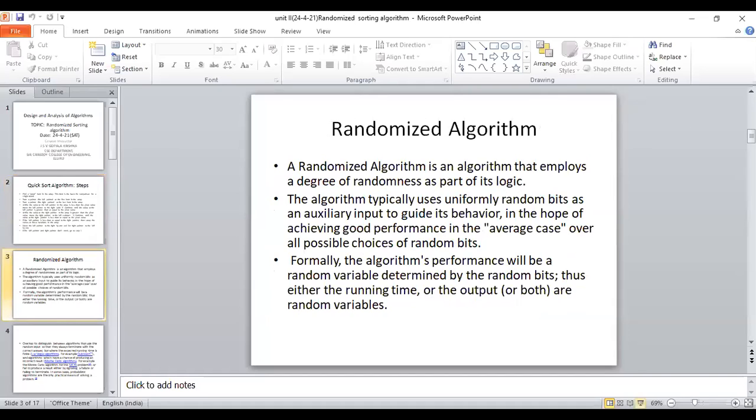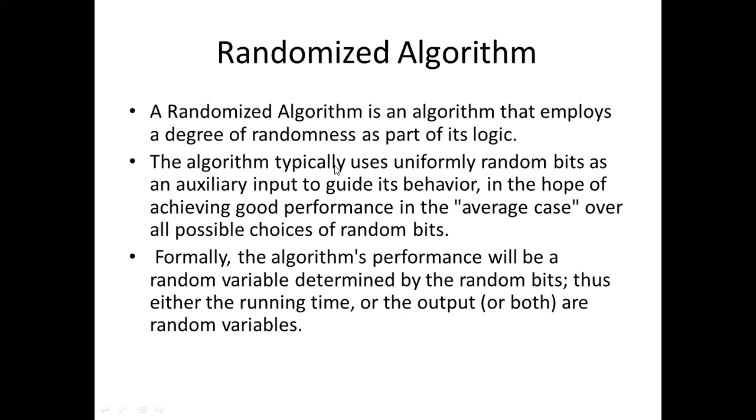A randomized algorithm is an algorithm that employs a degree of randomness as part of its logic. Randomness, you already studied in probability and statistics. What is random variable generation? It generates random variables, so whatever value comes, that will be taken.